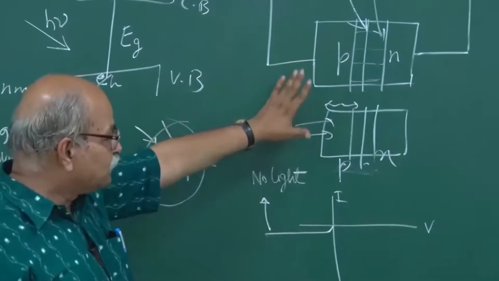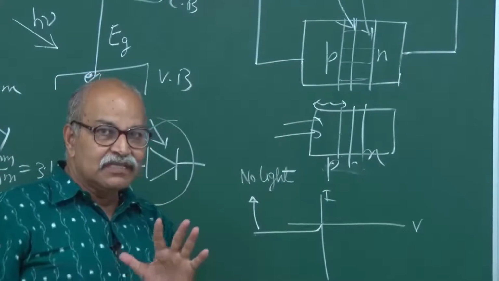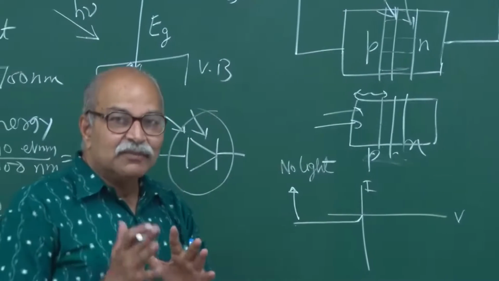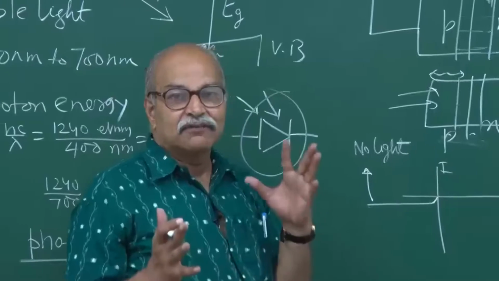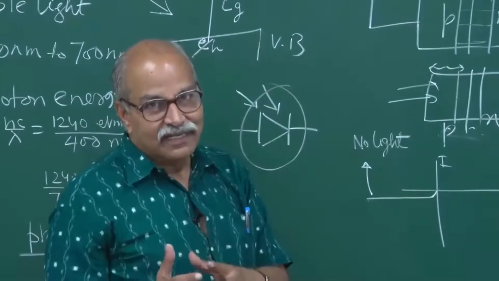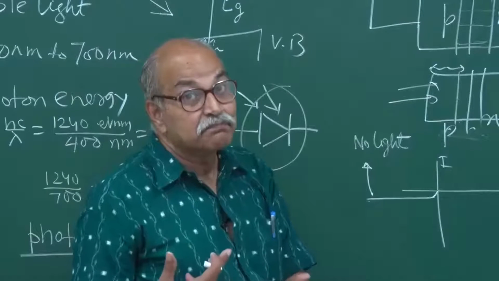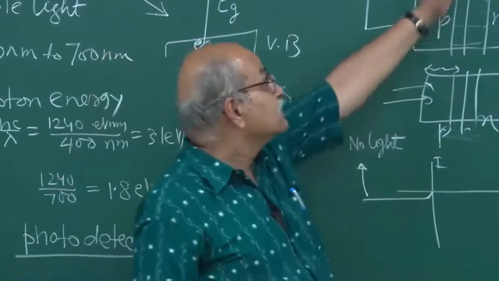So if you shine light of certain intensity, and certain intensity means certain energy falling per unit area, that means a certain number of photons depending on the wavelength falling on that area, and therefore a certain number of extra electron holes being produced, and this is in reverse bias.